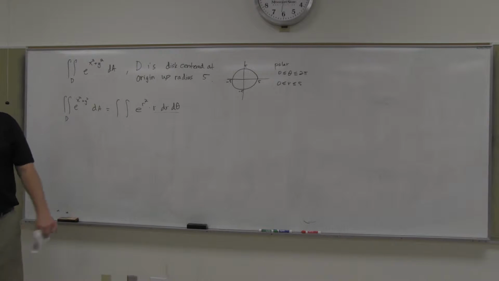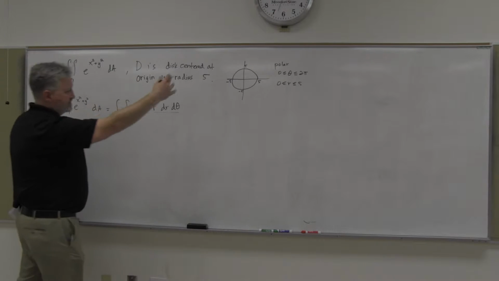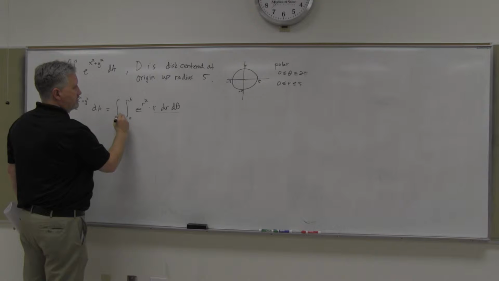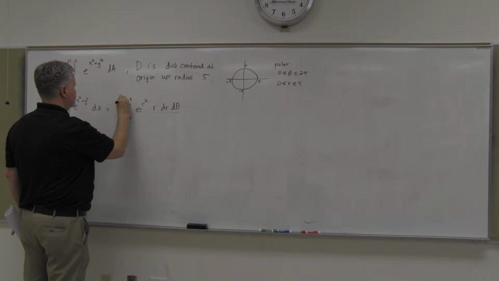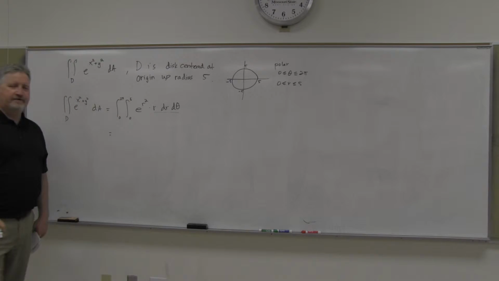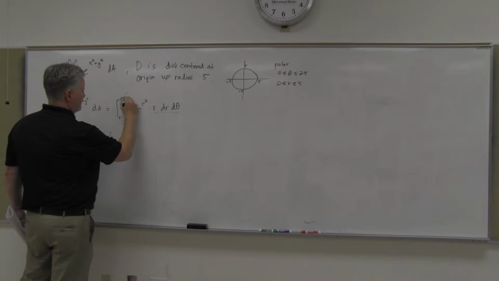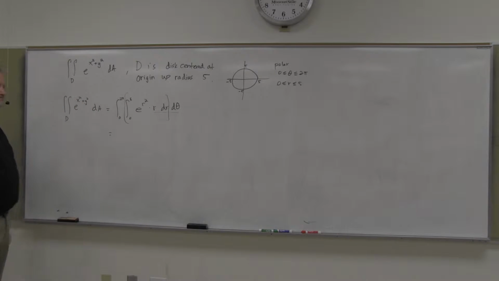That just had us put in that extra r, which is very nice in this particular case. With that extra r, and then our limits, you're doing the r's first, so 0 to 5, and then 0 to 2 pi. This particular problem works out very nicely because doing the r's first is going to work for u substitution.